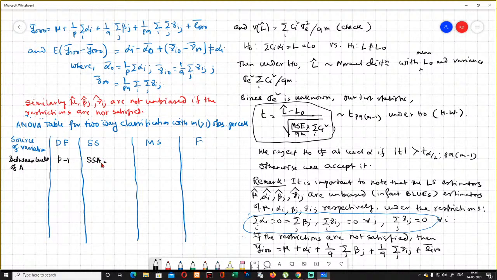Just write the expression of SSA here. I already wrote this, just put it here. Between levels of B, the degrees of freedom is q minus 1, and SSB. Just write the expression of SSB.